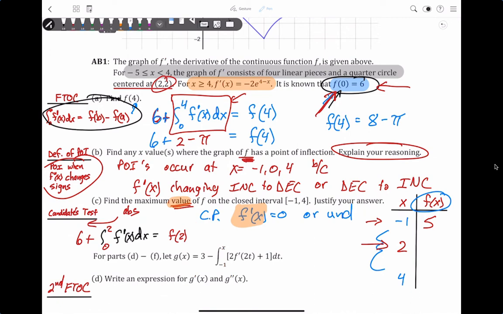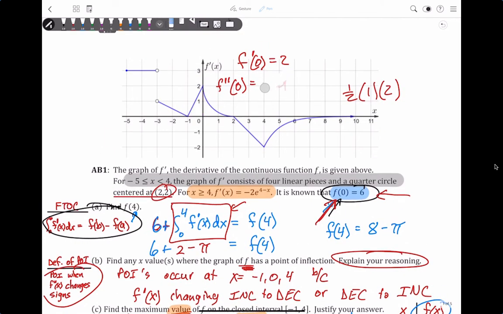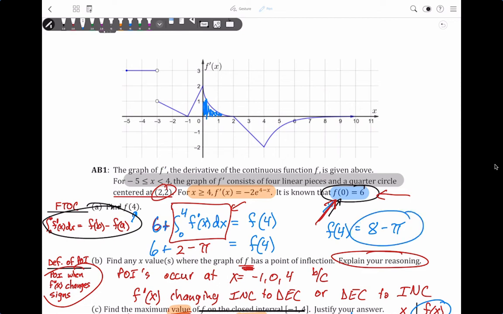So now in blue, let's go ahead and highlight the area underneath the curve between 0 and 2. Okay, so this we already found from part A. Now it's not the full 8 minus pi, but this came from that square that was 2 by 2 minus that quarter circle, which is pi r squared over 4.